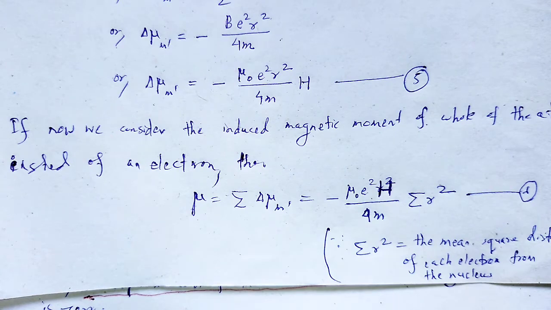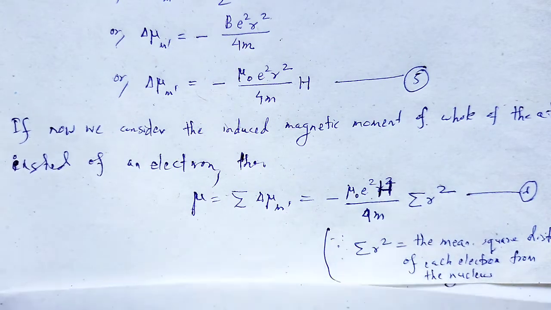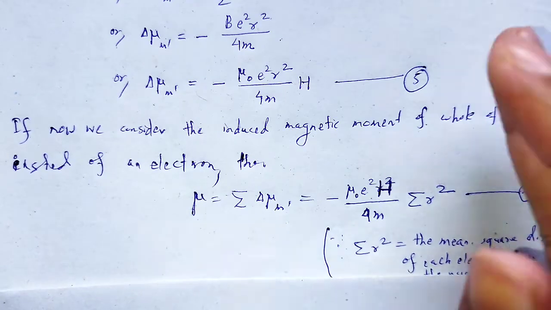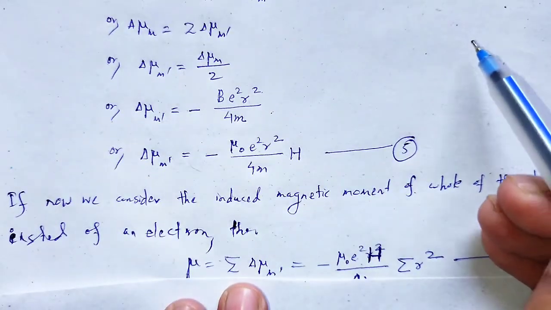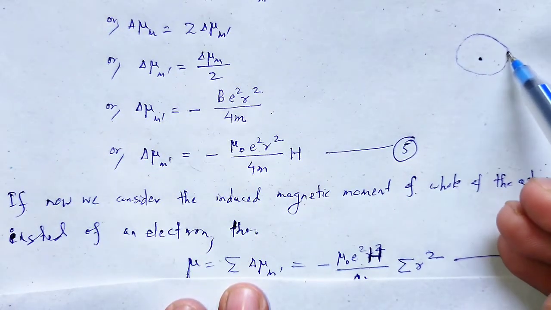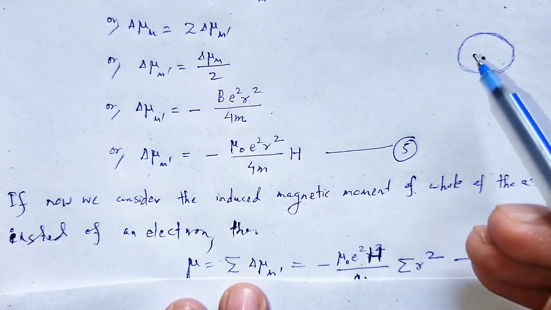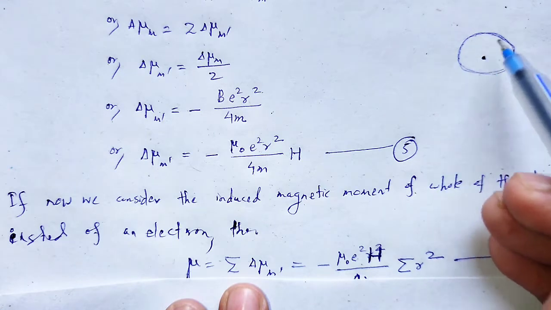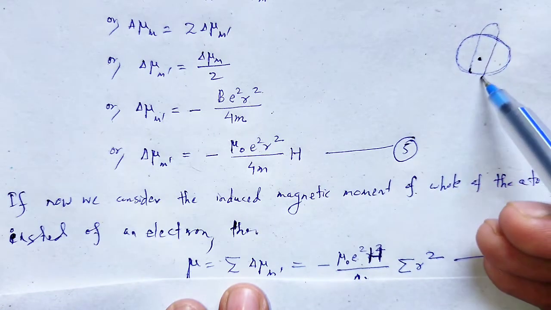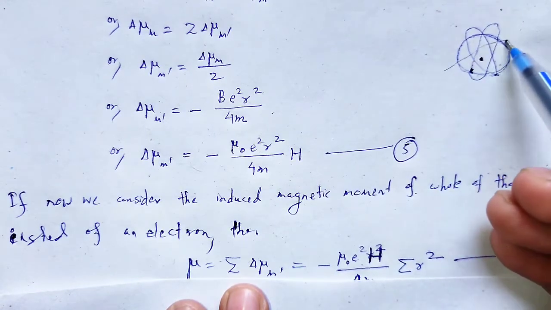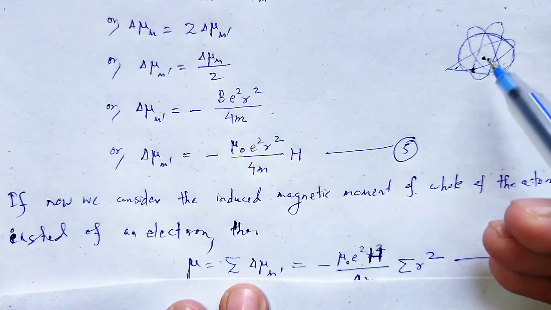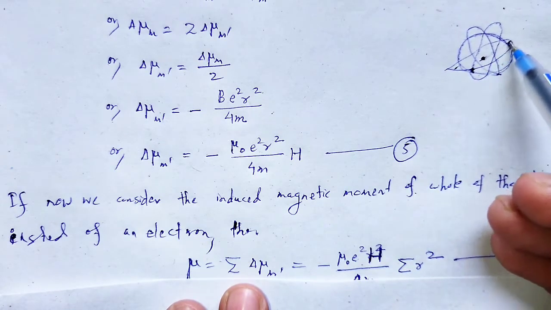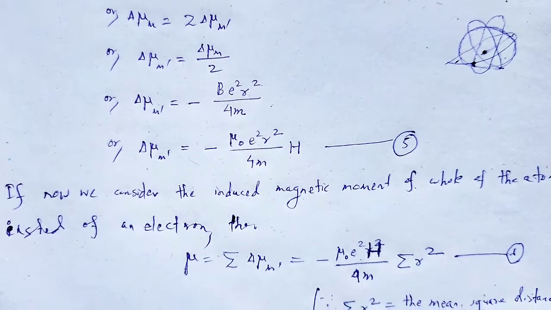Since the electrons revolve around the nucleus in the orbit like this, therefore we prefer the mean square distance.